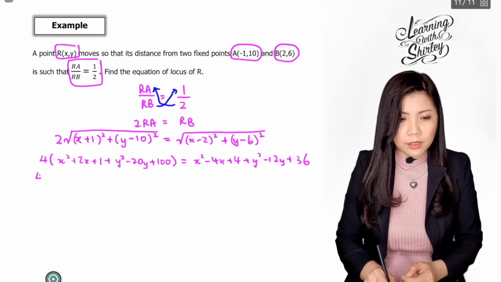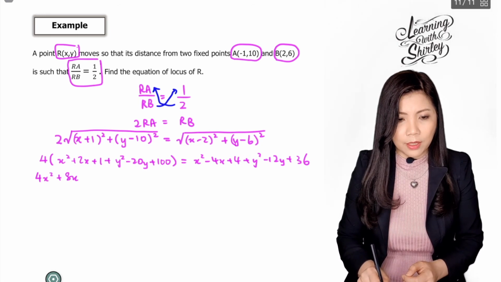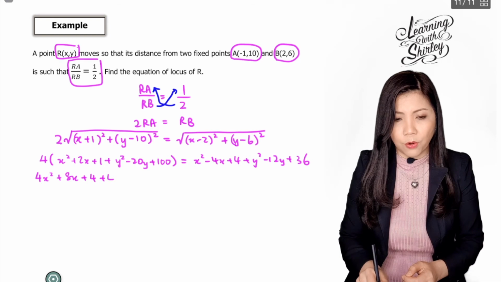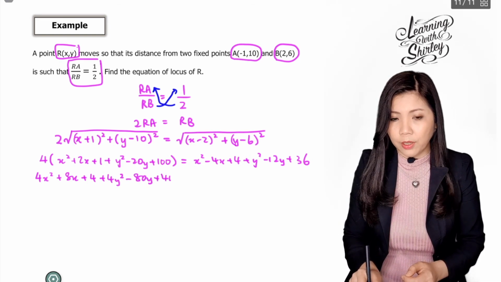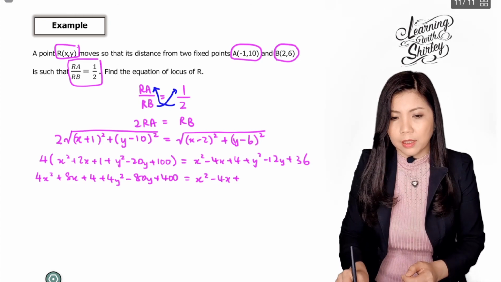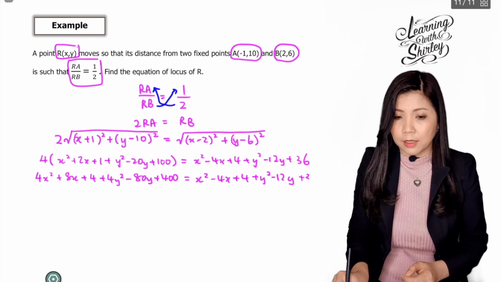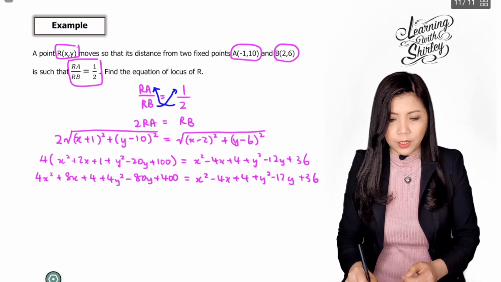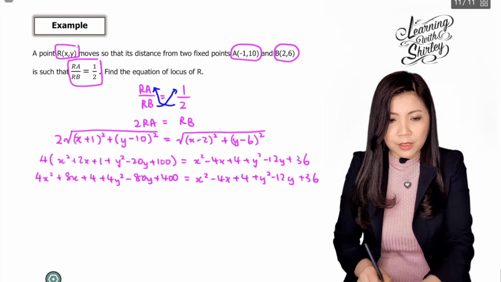So it'll be 4x² + 8x + 4 + 4y² - 80y + 400 = x² - 4x + 4 + y² - 12y + 36. Now we solve this and move everything to the left hand side, step by step.